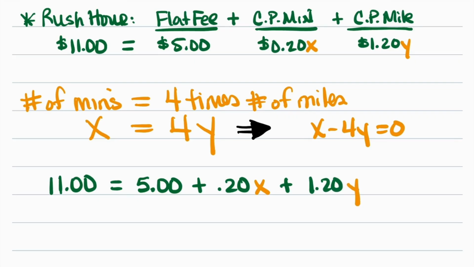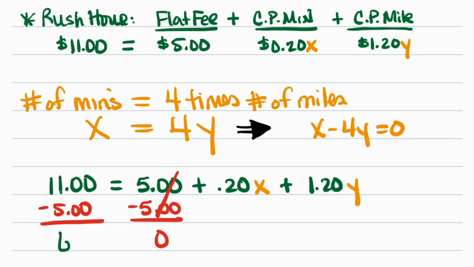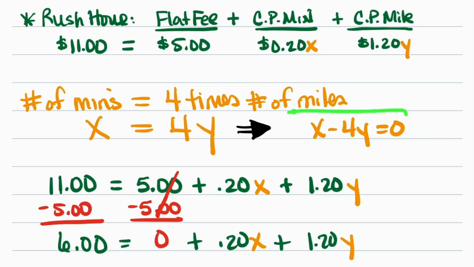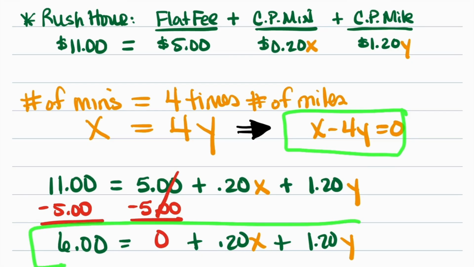We want to put X and Y on the same side, so we subtract the constant, 5, from both sides. That gives 0 on this side, and 11 minus 5 gives us 6. So we have 0.20x plus $1.20y.